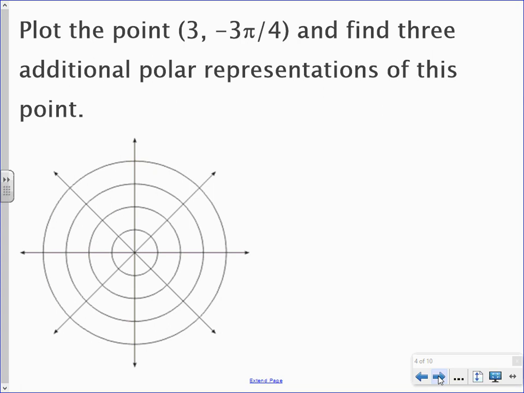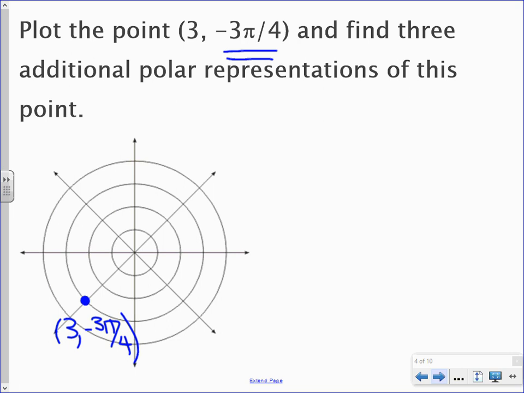So for this one, negative 3 pi over 4 would be here. Do you agree? And then if I wanted to move out the positive 3, I could do that by these concentric circles. So 1, 2, 3. That is the coordinate 3, negative 3 pi over 4. Okay.